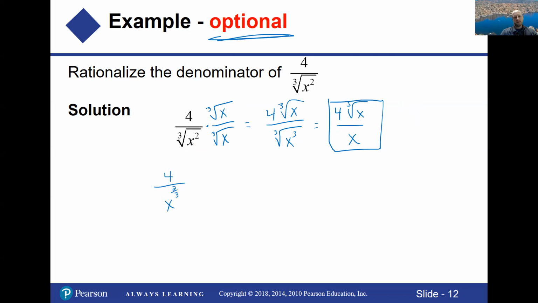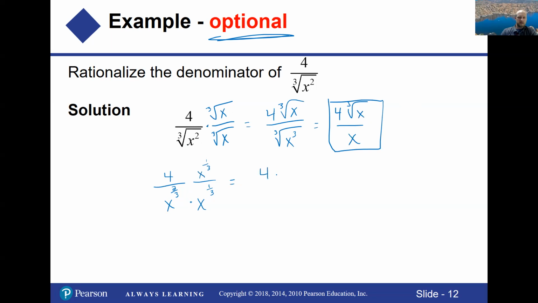This would be x to the 2/3 power. We did that a few sections ago. And then again, thinking of it as, what can you multiply it by to make this a 1 here? And the answer is I would multiply it by x to the 1/3 power.